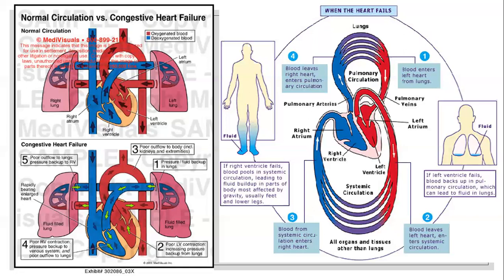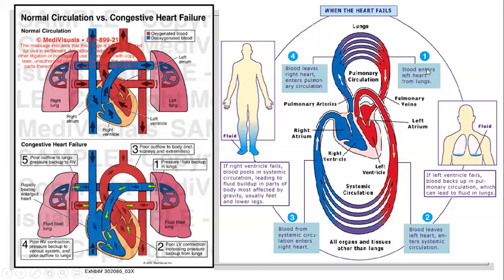So when the left side fails, increased fluid pressure is transferred back through the lungs, here, which damages the right side of the heart. So this forces the blood back into the body veins because of the right side, and the patient experiences visible swelling in the legs and ankles. Let me read it first.